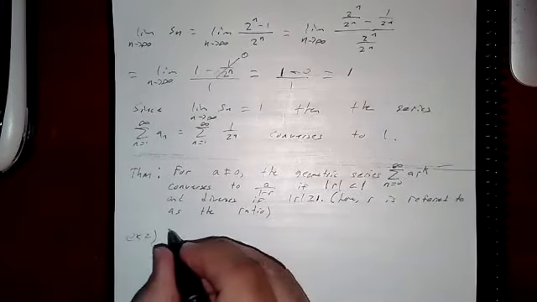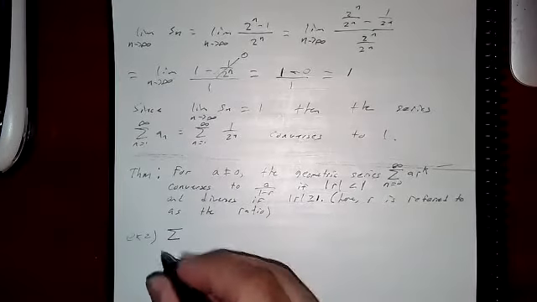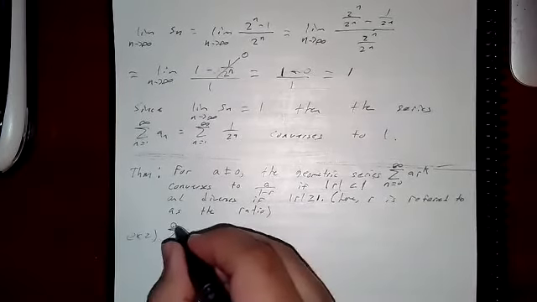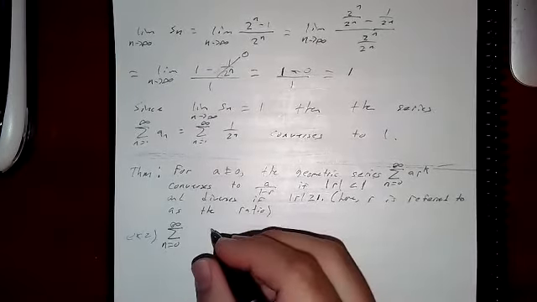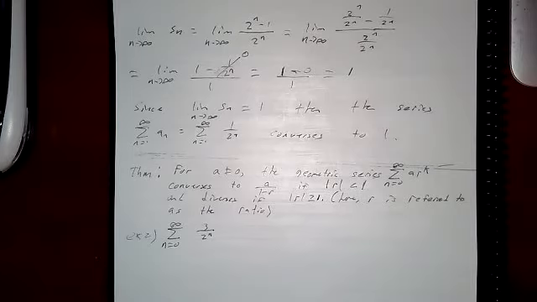So the series from n equals 0 to infinity of, I guess 3, it's fine, 3 over 2^n. This is going to be a geometric type. You just need to figure out what the R is and what your A is.